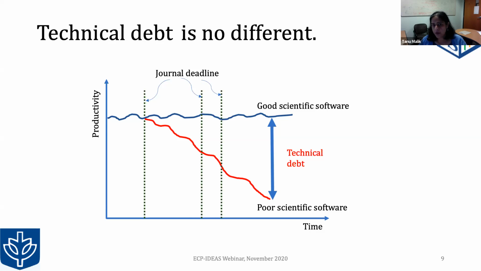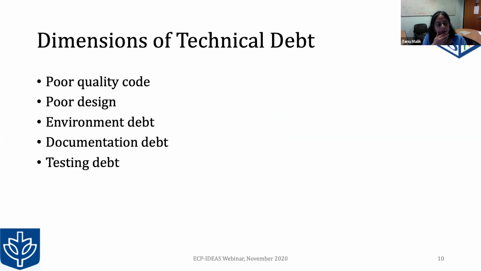So what are we borrowing on? Well, we borrow on the quality of code, the design, environment debt, not keeping track of the environment, or documenting, or writing tests. These are dimensions of technical debt which are known to us.